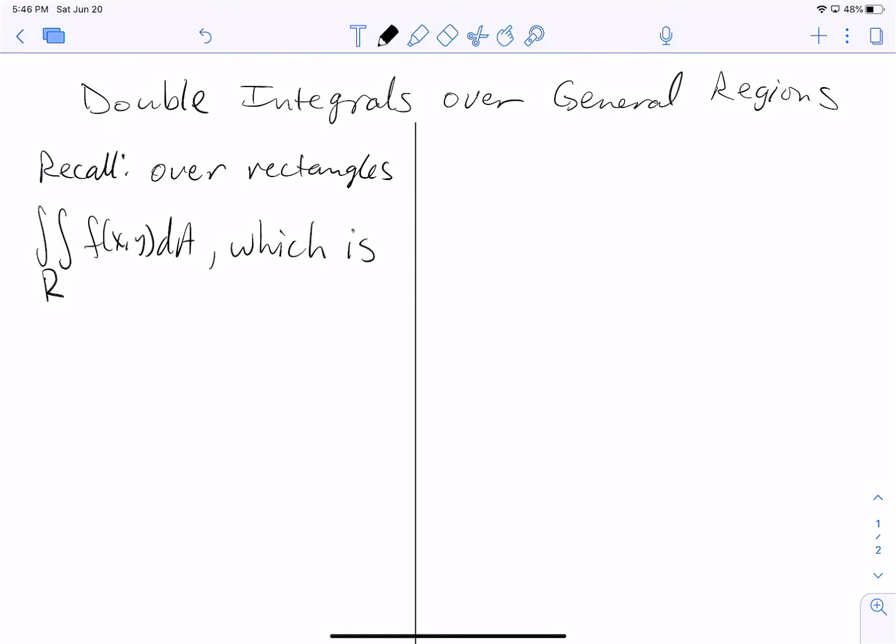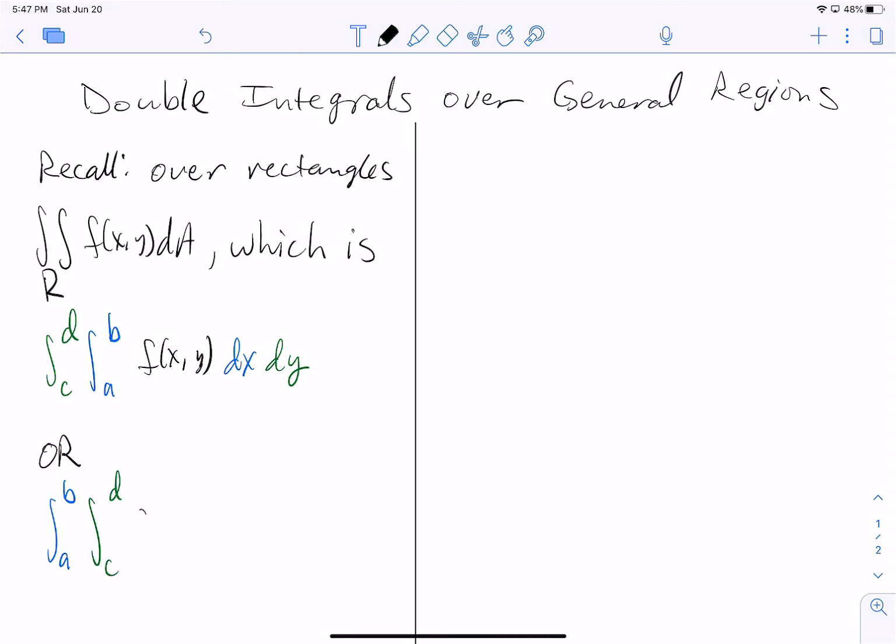which is either the integral from c to d of the integral from a to b of f of x, y, dx, dy, or the integral from a to b of the integral from c to d of f of x, y, dy, dx.